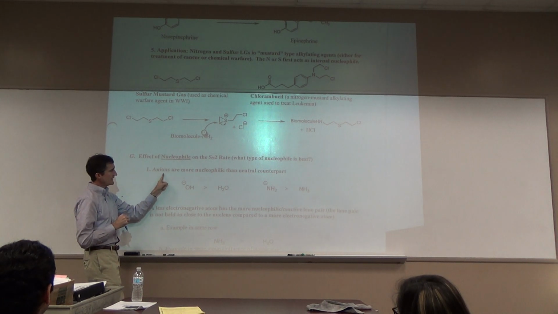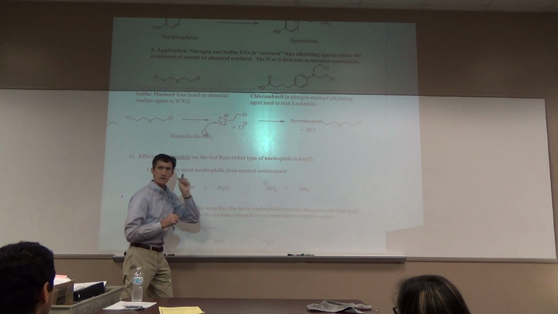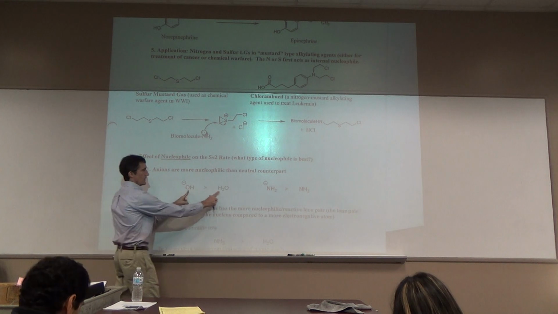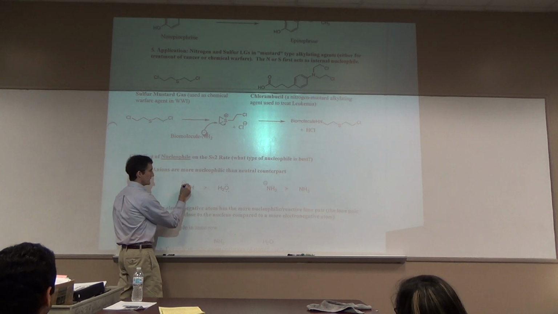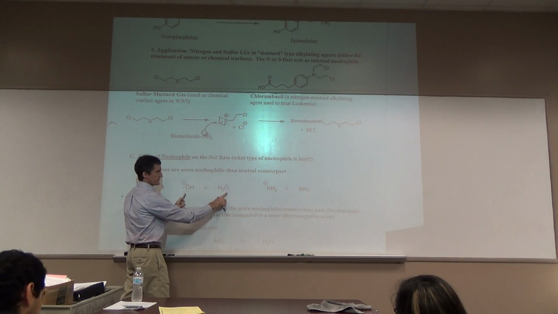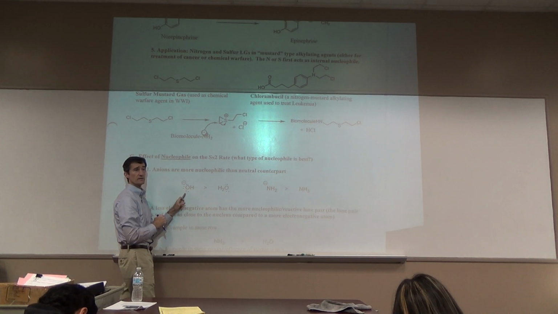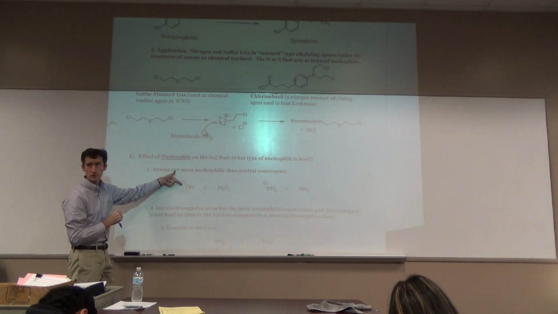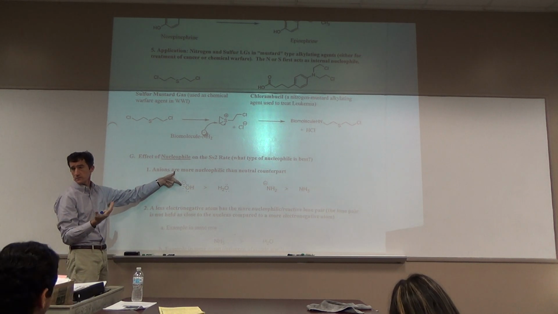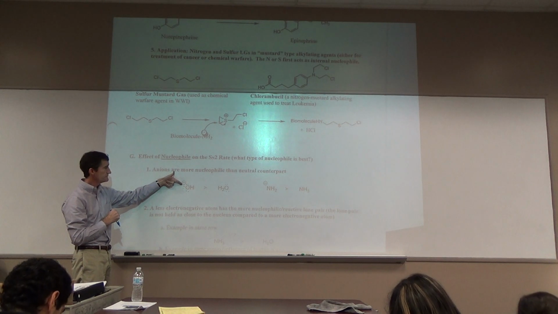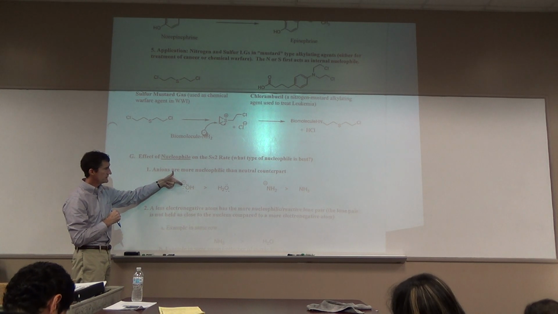First, we can say that anions are more nucleophilic than the neutral counterpart. Which is more nucleophilic? They both have lone pairs, but hydroxide is more nucleophilic. It's a better nucleophile. It's going to be more attracted to a partial positive. Okay? Hopefully that makes sense.